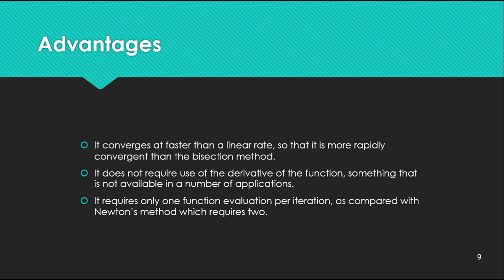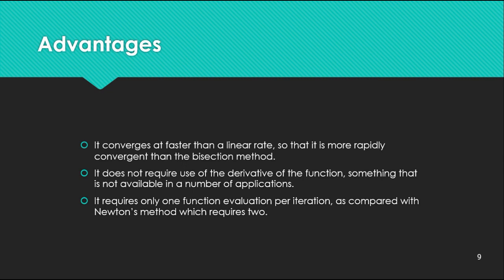So it is the best part of the secant method that we avoid the derivative of the function. And the next advantage is it requires only one function evaluation per iteration.